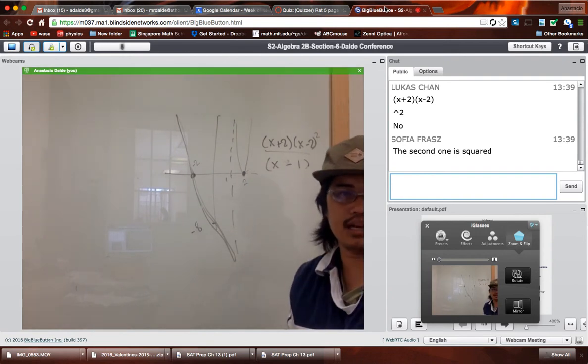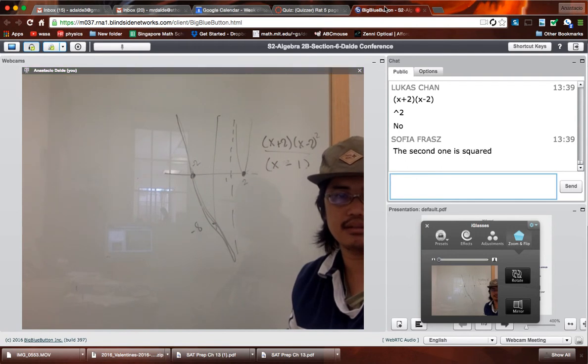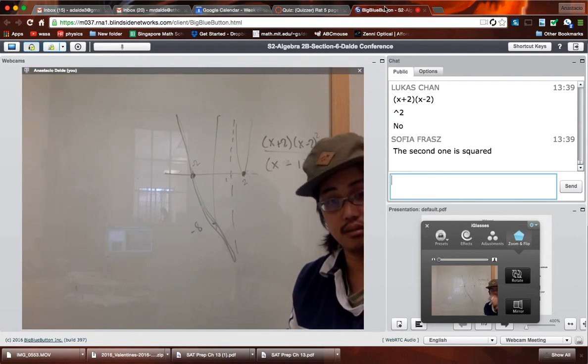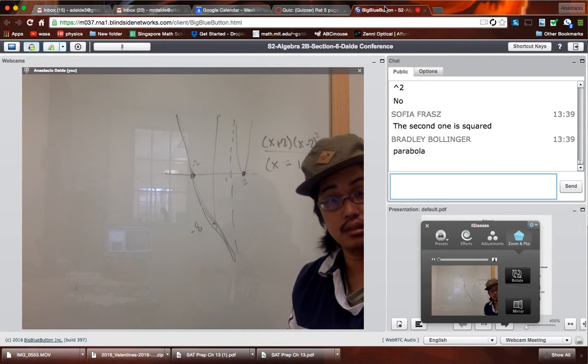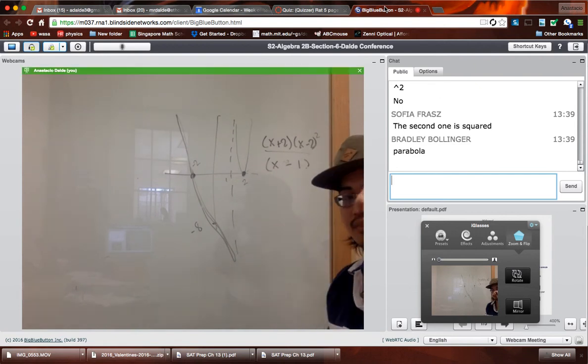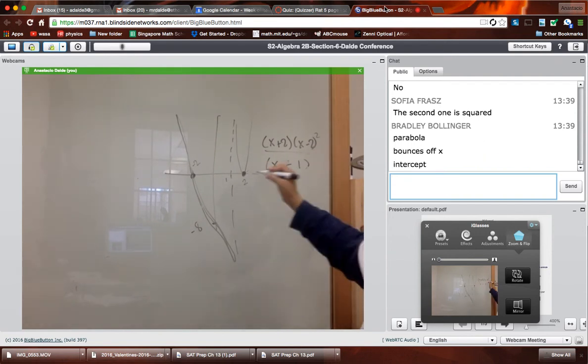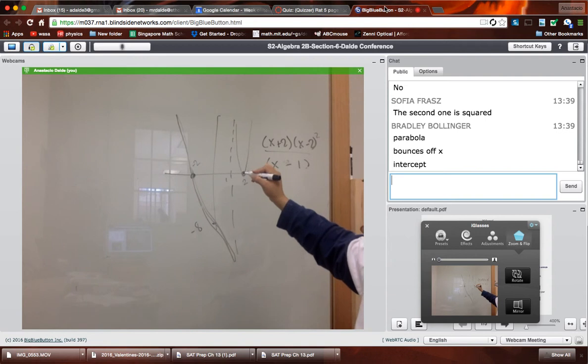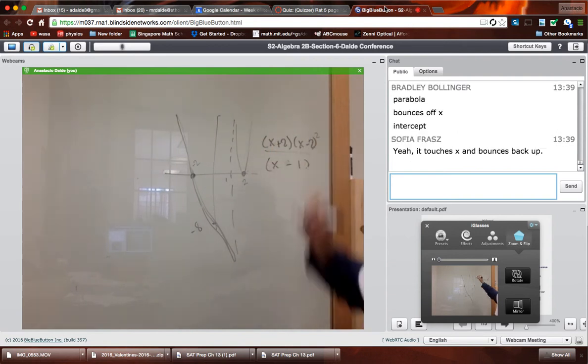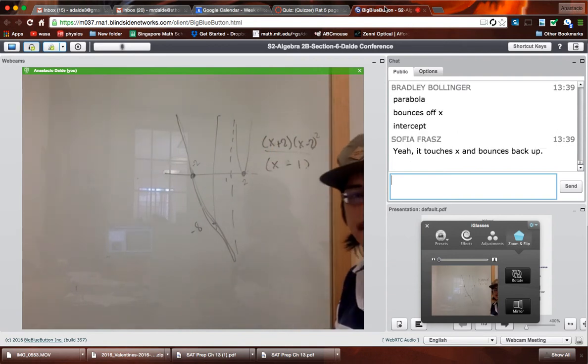Emma and Bradley, do you understand why there's a square on that sucker? Not because it's parabola, no. Yeah, exactly, because at that particular x minus 2, that references this point, it hits and it bounces. It touches and bounces back.